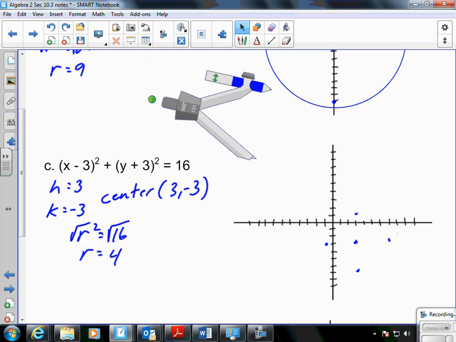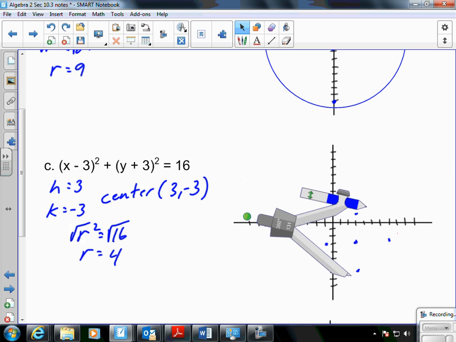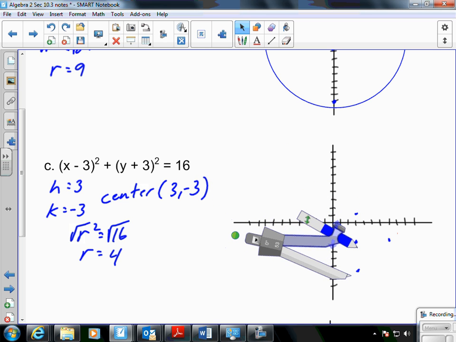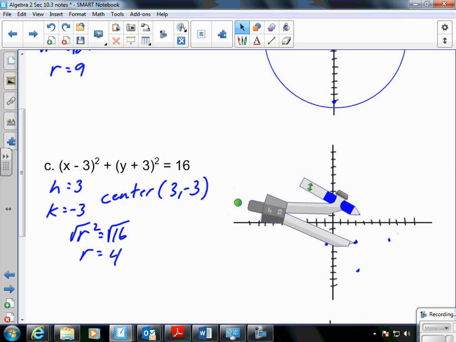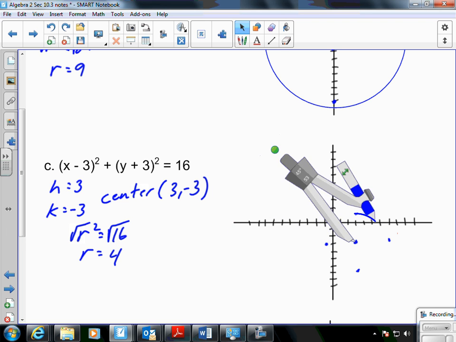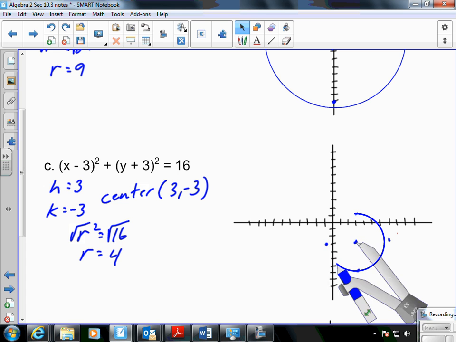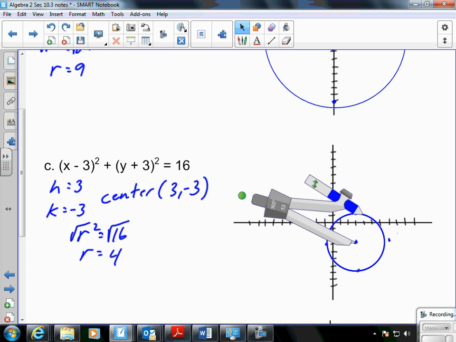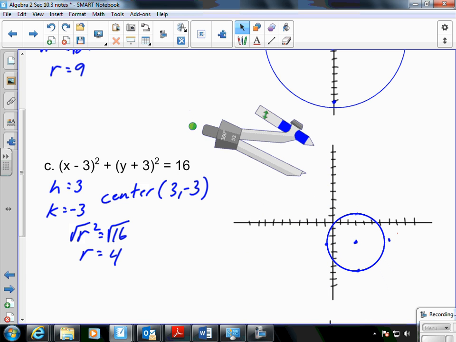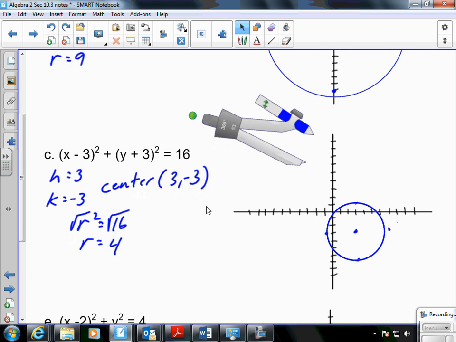Something like that. This is probably going to be a little farther off than the last one. Once again, I got them all but one. Right? So there's what my graph would look like for that one.